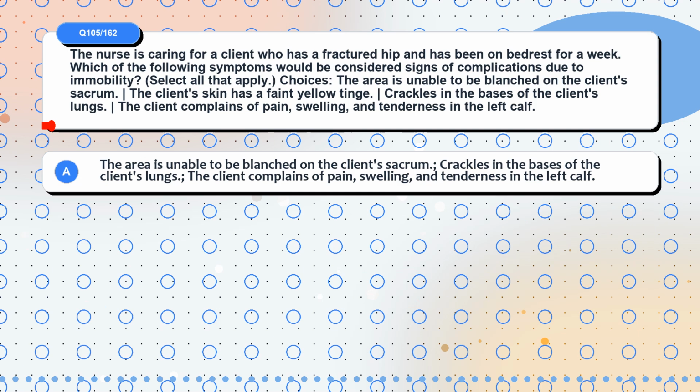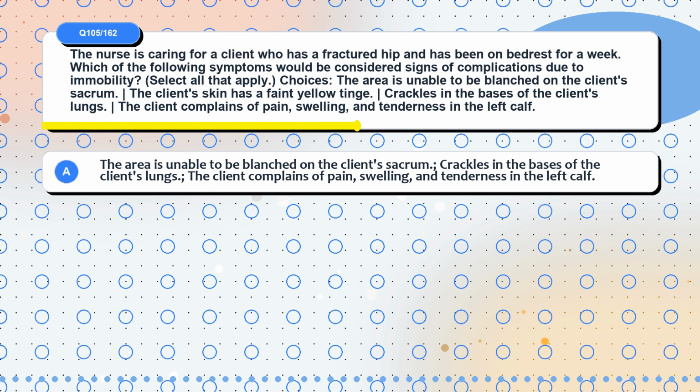Question 105. The nurse is caring for a client who has a fractured hip and has been on bed rest for a week. Which of the following symptoms would be considered signs of complications due to immobility? Select all that apply. Choices: The area is unable to be blanched on the client's sacrum. The client's skin has a faint yellow tinge.